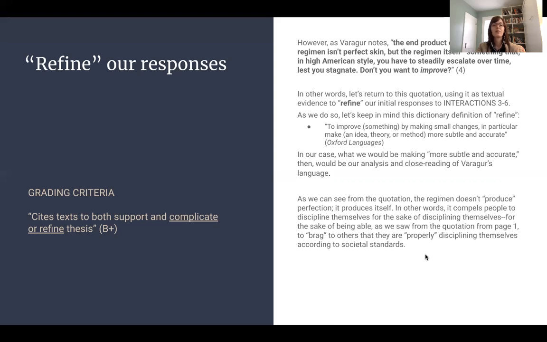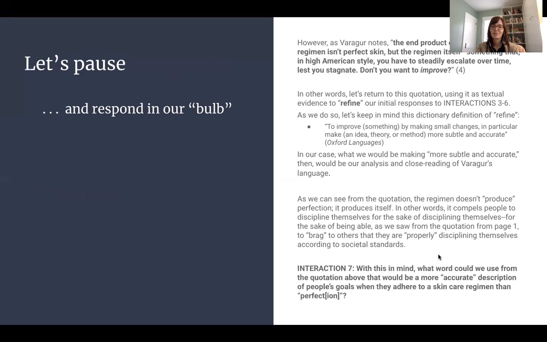So as we can see from the quotation, the regimen doesn't produce perfection. It produces itself. So in other words, it compels people to discipline themselves for the sake of disciplining themselves, for the sake of being able, as we saw from the quotation from page 1, to brag to others that they are properly disciplining themselves according to societal standards.